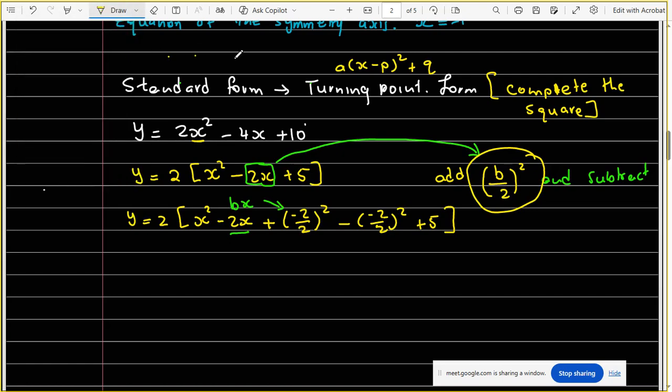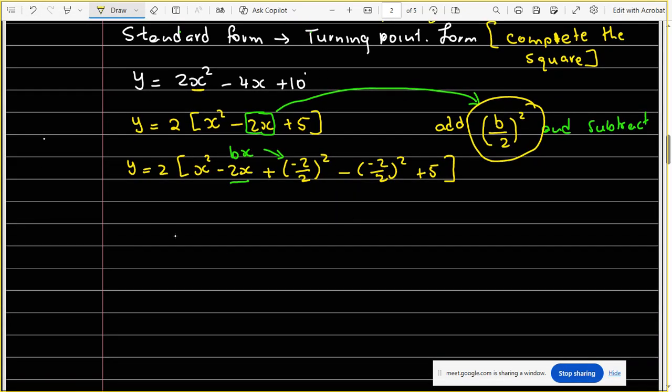Let me show you what I mean when I say the bracket only. So this will be y is equal to 2 into x squared minus 2x plus, you only work the bracket. Minus 2 divided by 2, that's minus 1. You leave it to the power 2 like that, I'll explain why.